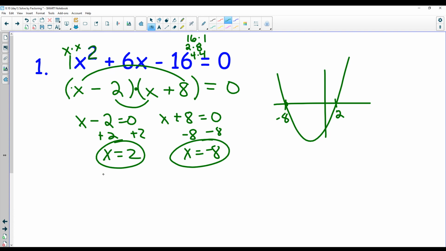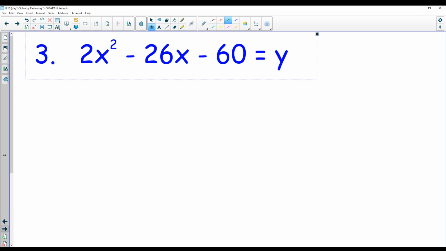So this would be the point 2, 0, and this would be the point negative 8, 0. Remember, they're called zeros, x-intercepts when y is equal to 0. They're called roots, solutions.